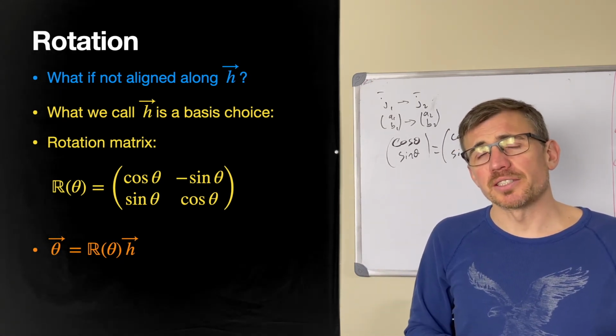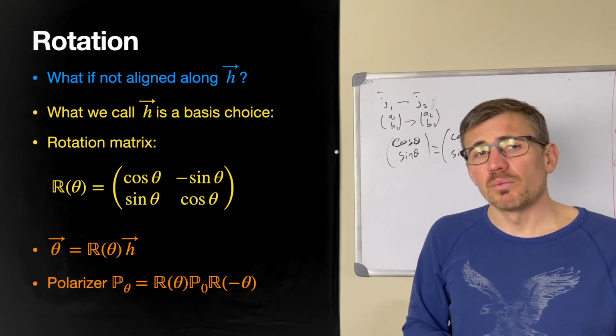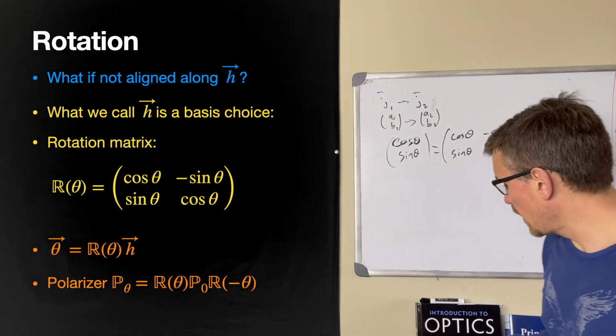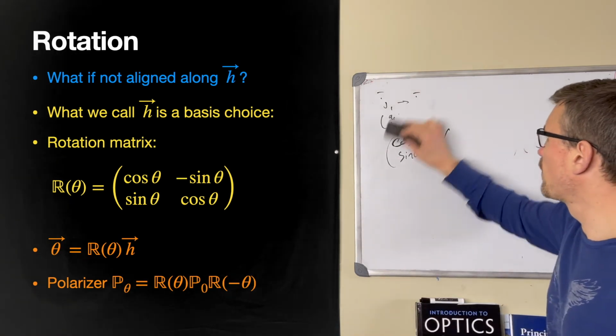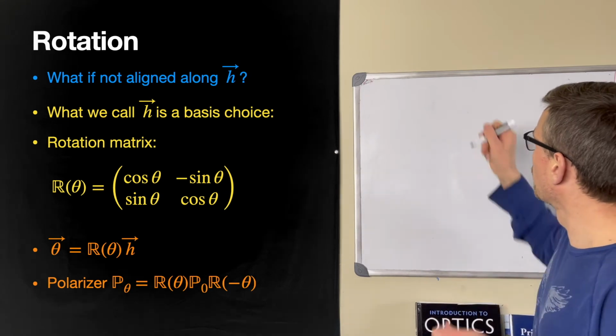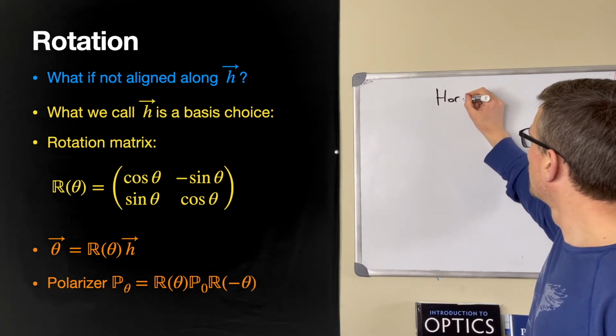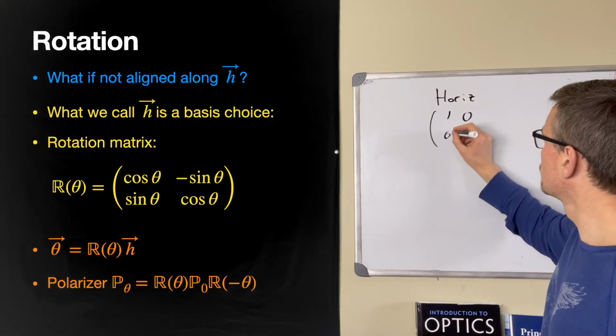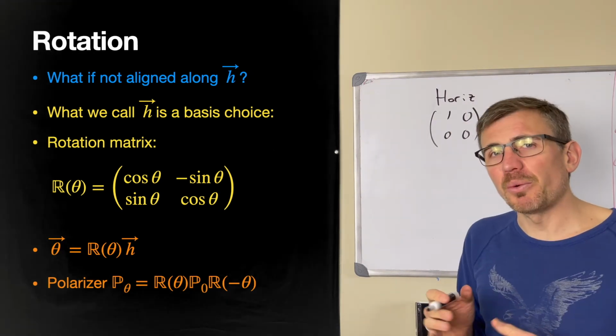What about our polarizer at theta? Well, we know what it does very well if we have it horizontal, right? We have a very, very simple matrix if it's horizontal. Our polarizer matrix looks like this. So what we do is we do a little trick.